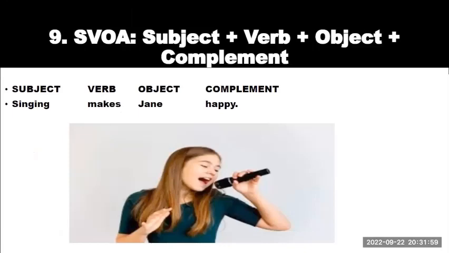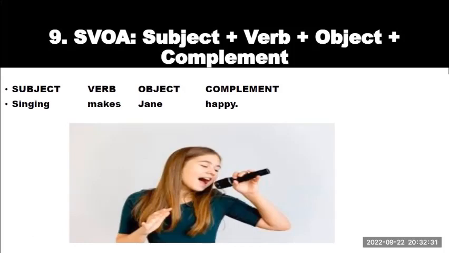A sentence with the SVOA structure also contains 4 parts: subject plus verb plus object plus complement. Okay. And so we have an example here. Singing makes Jane happy. Now, singing is the subject. It might interest you to know that singing is a verbal form used as a noun.